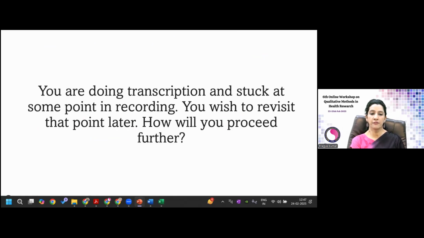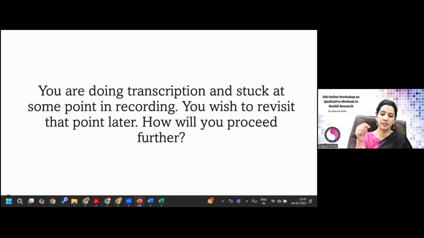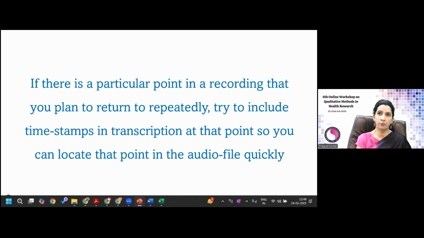And this is the question: if you are doing the transcription and you are stuck at some point in the recording and you wish to revisit that point later, how will you proceed further? We have shown you that if something is not clear, then in brackets you write dash dash dash. Again, if there is a particular point in a recording that you plan to return to repeatedly, then in brackets you write the timestamp.